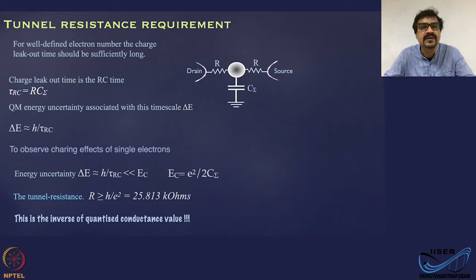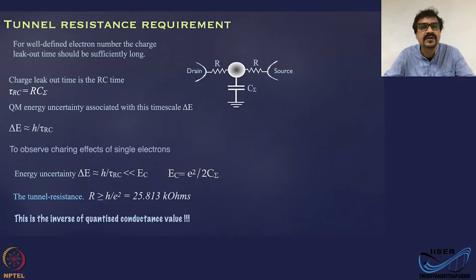Now, the energy uncertainty associated with this charge leak out is given by the quantum mechanical energy uncertainty relation, that is delta E delta T is approximately h. So the energy uncertainty associated with this time is h by tau RC. And this energy uncertainty should be much lower than the robust energy scale that we are discussing, that is the charging energy.